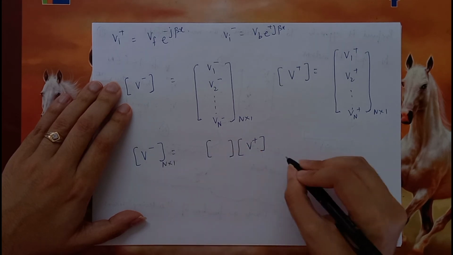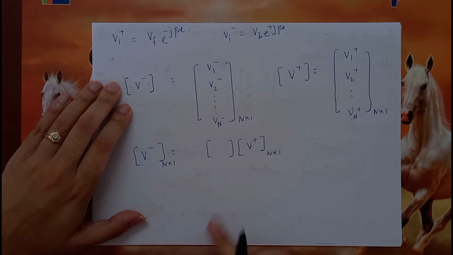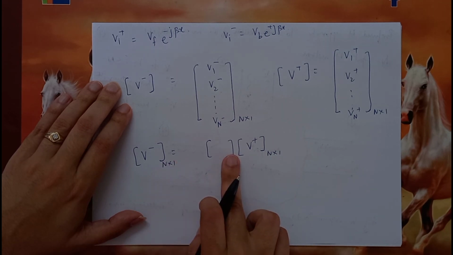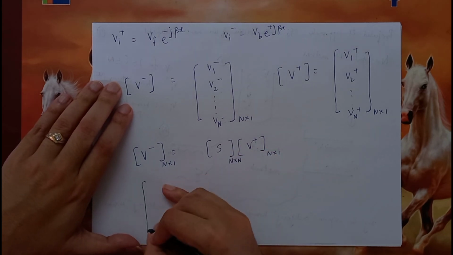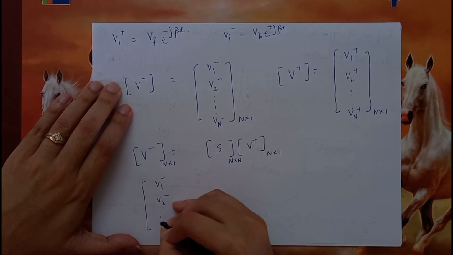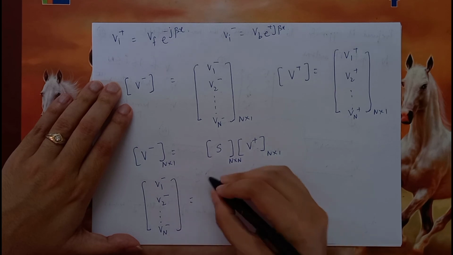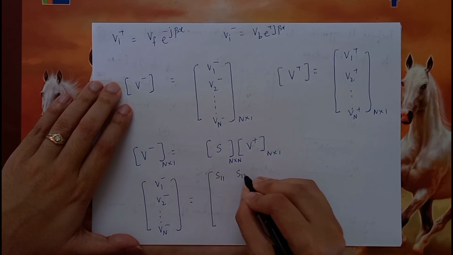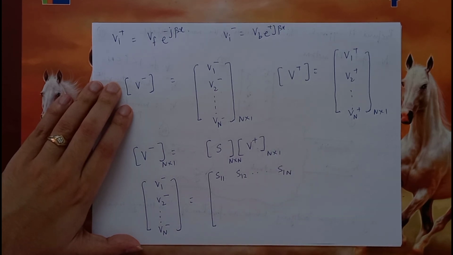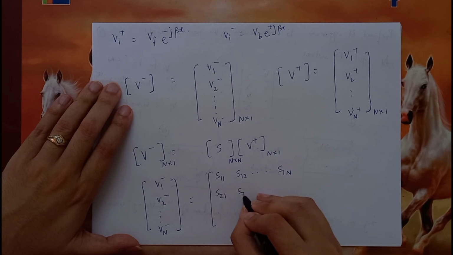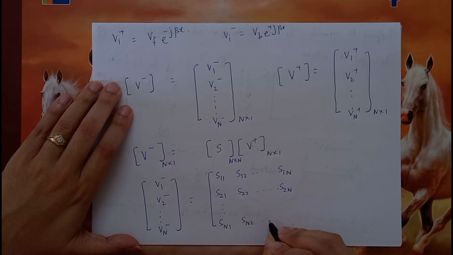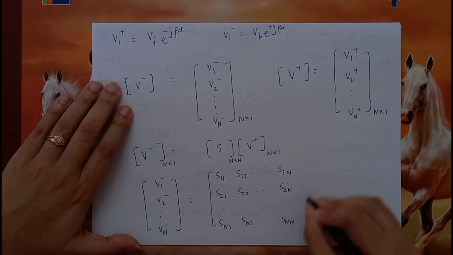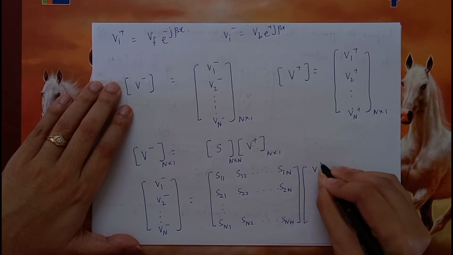If this is n×1 and this is n×1, the size of this matrix definitely has to be n×n, and we call this matrix S. If you expand, you will get this n×n matrix looking something like this, times this V plus matrix.